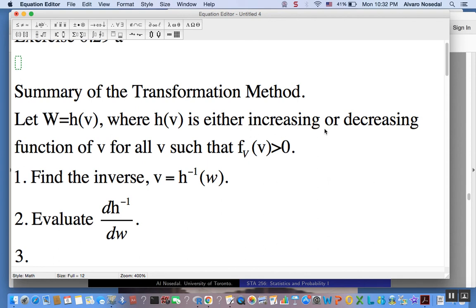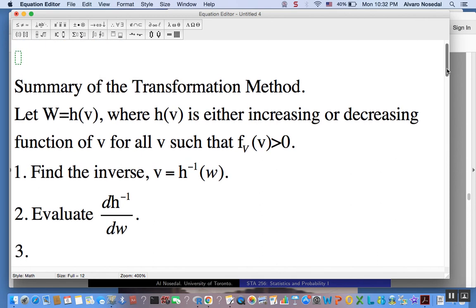And in order to have an inverse, one way of guaranteeing that that function has an inverse is if that function is strictly increasing or strictly decreasing. Okay, and then we just apply the 3 steps of the transformation method.